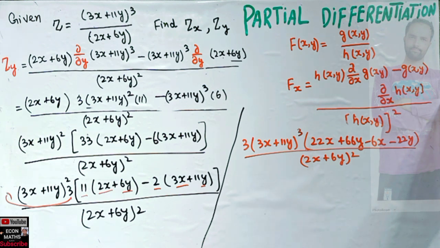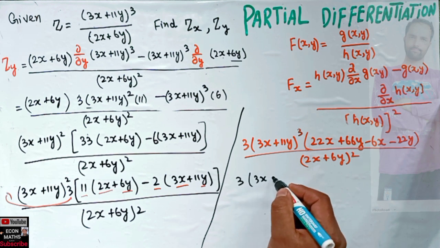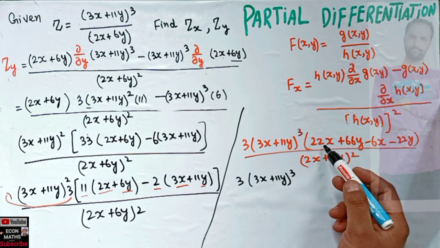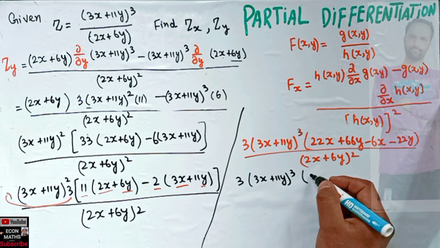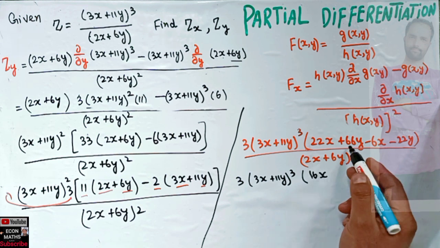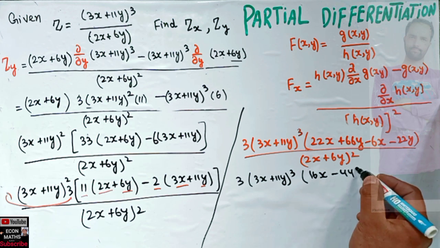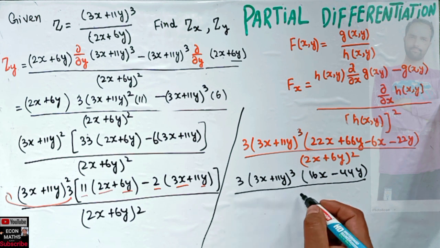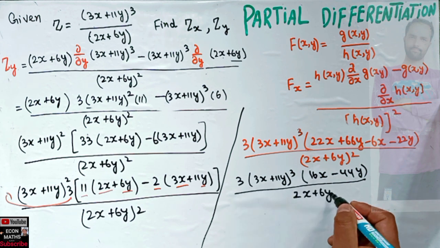So we have (3x + 11y) cube. Now 22 minus 6 comes out to be 16x, and 66 minus 22 is 44y, divided by (2x + 6y) whole square.